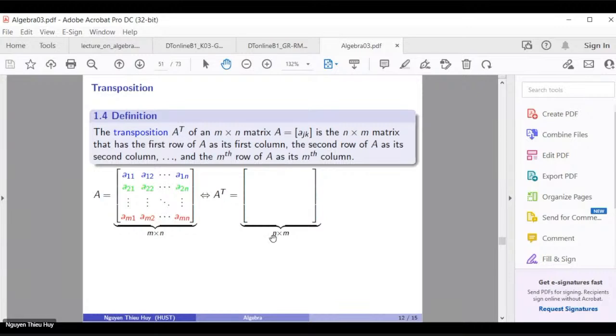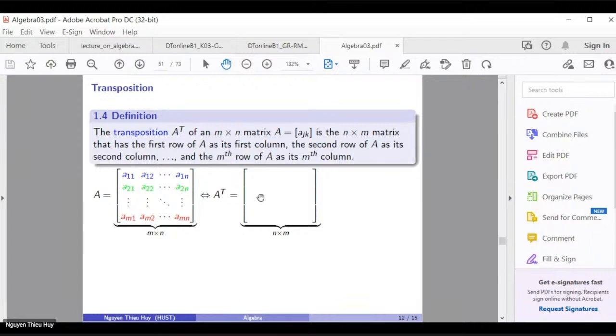Firstly, the number of rows of AT is n, the same as the number of columns of A. The number of columns of AT is m, the same as the number of rows of A. This is because we write rows of A as columns.